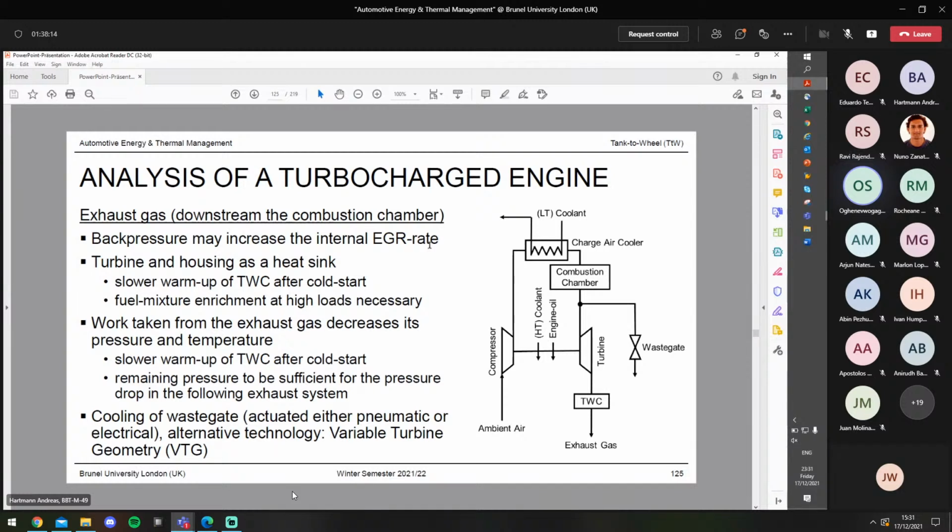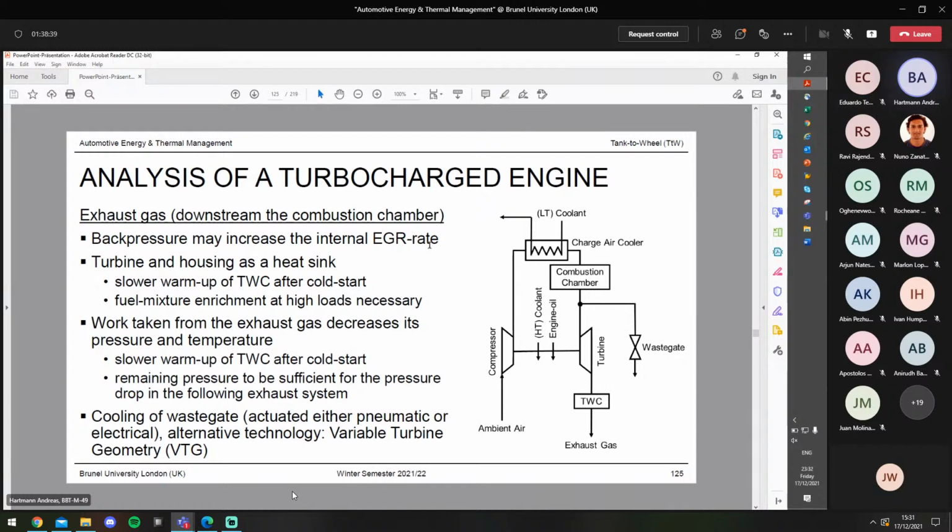It allows the heat from the exhaust to come into the turbocharger. To bypass the turbine. And when do you need to bypass the turbine? When you don't need the load, when you don't have load.